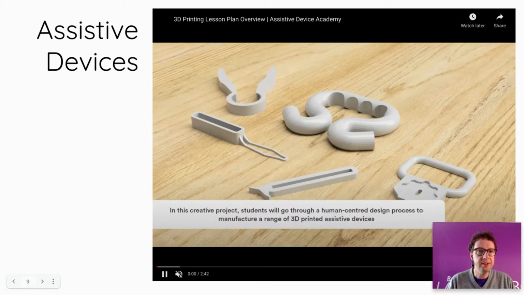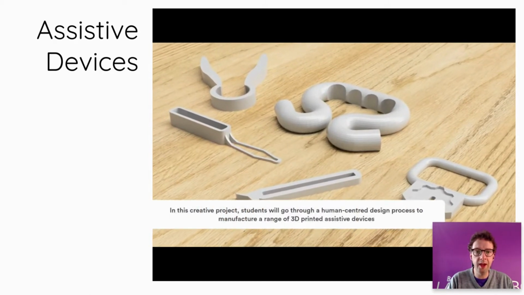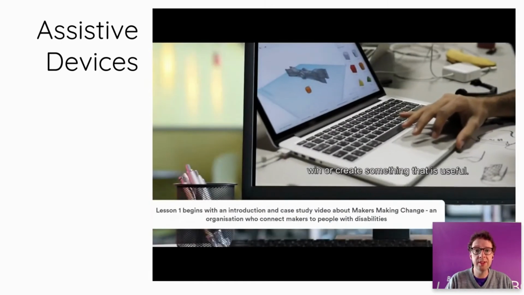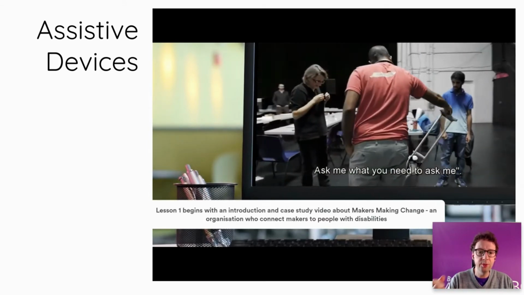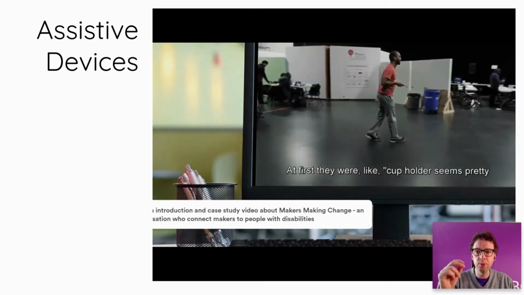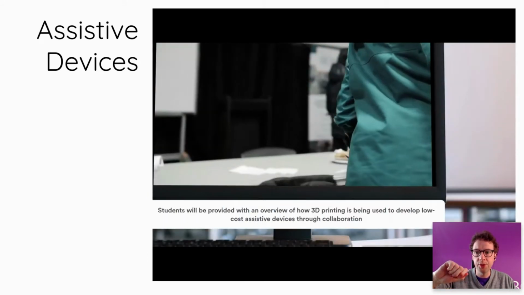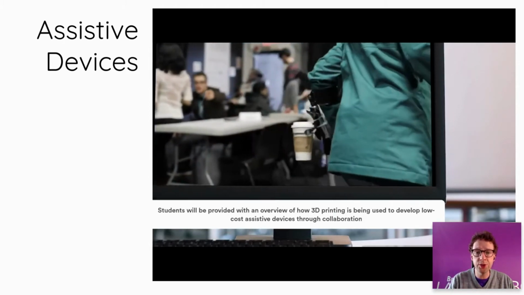Similar idea is assistive devices. So these are things that can be helpful for people that have mobility issues or physical disabilities, could even be something like arthritis. So if you had really severe arthritis, it might be really difficult for you to do fine motor movements, like being able to hold a key firmly enough to turn it or to do up buttons on a shirt can be difficult.